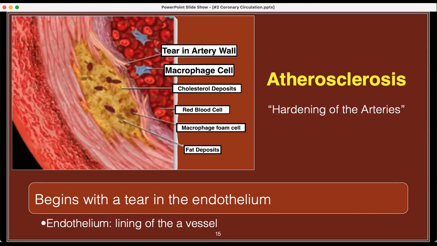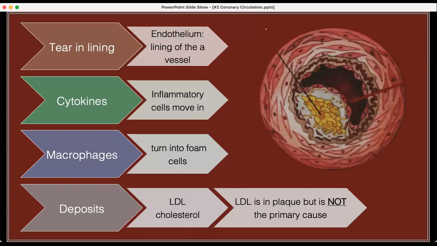And then what happens is that these inflammatory cells start to move in. The inflammatory cells release a type of cytokine that starts inflammation. Macrophages are a type of white blood cell, and they get pulled inside this endothelial crack and start turning into what they call foam cells.